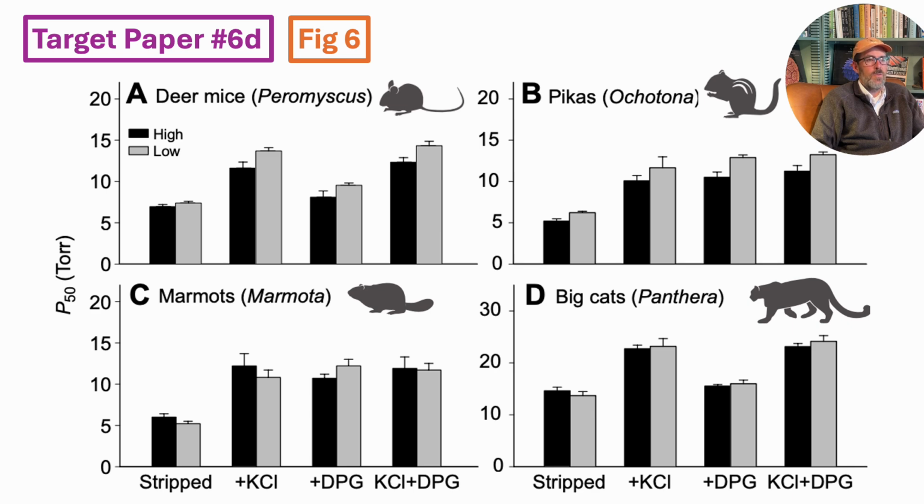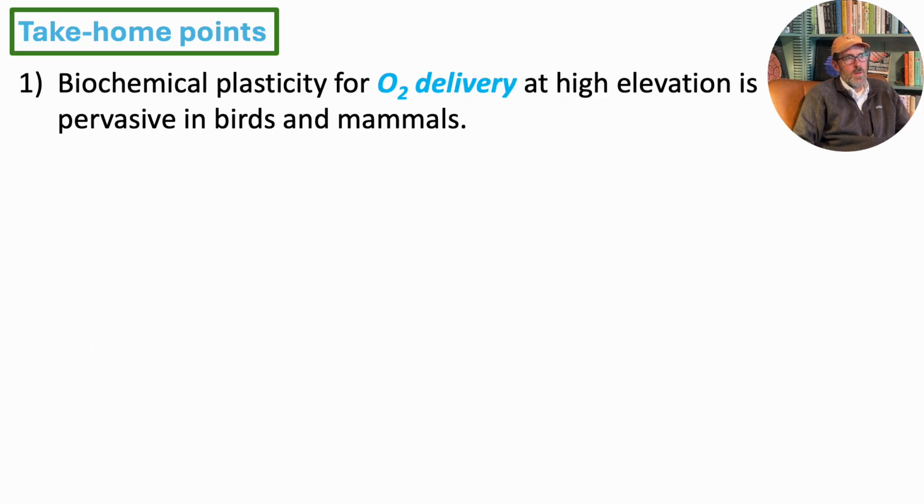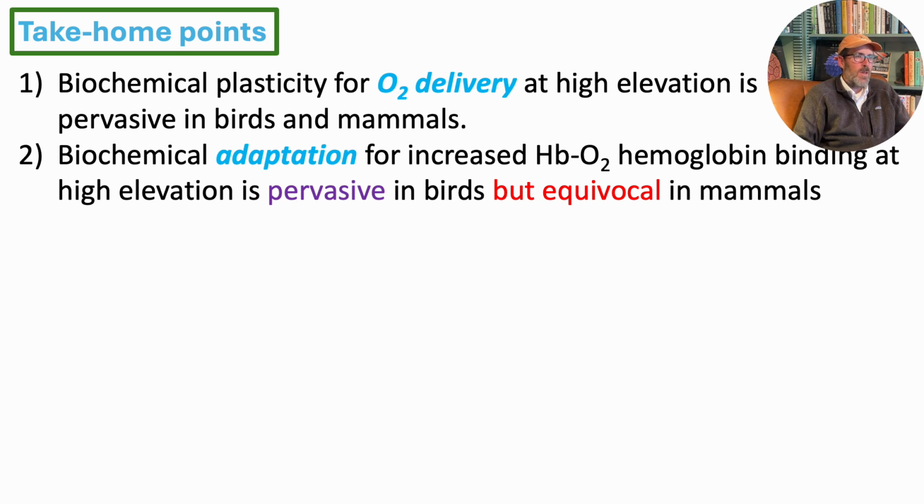So I'm going to go back to my take-home points from all of these studies. The biochemical plasticity for oxygen delivery at high elevation is pervasive in birds and mammals. So oxygen is probably delivered better, but the biochemical adaptation for increased hemoglobin oxygen binding at high elevation is pervasive in birds, but only equivocal in mammals.